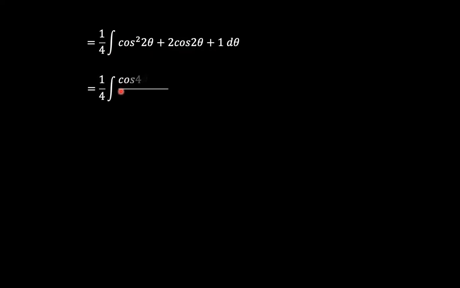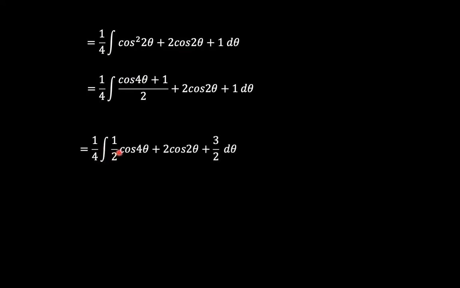So in place of cosine squared 2 theta, we have (cosine 4 theta plus 1) over 2. That means we now have the integral of a quarter times (1 over 2 cosine 4 theta plus 2 cosine 2 theta plus 3 over 2).